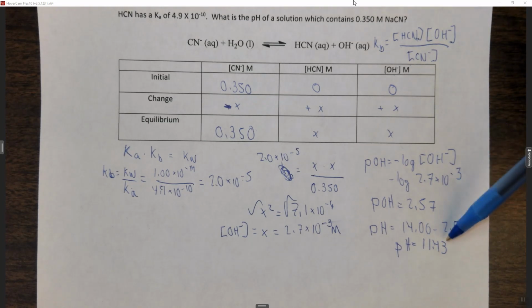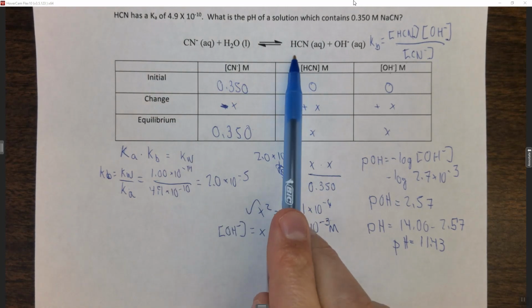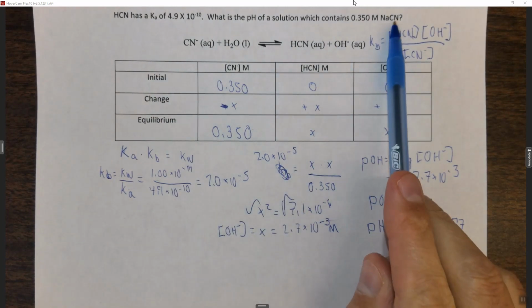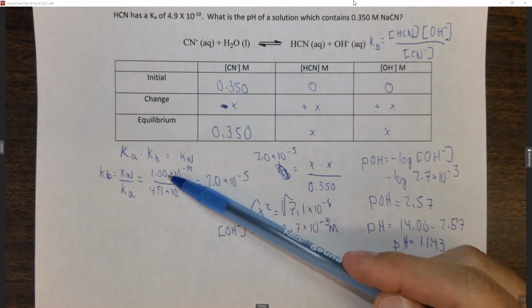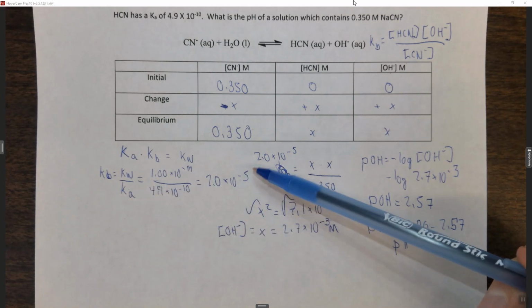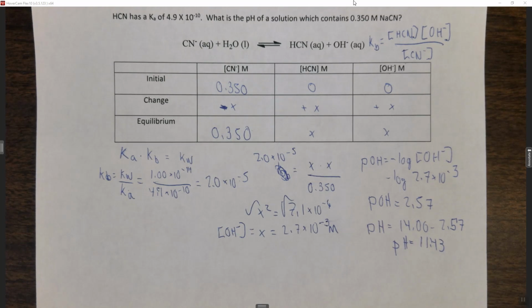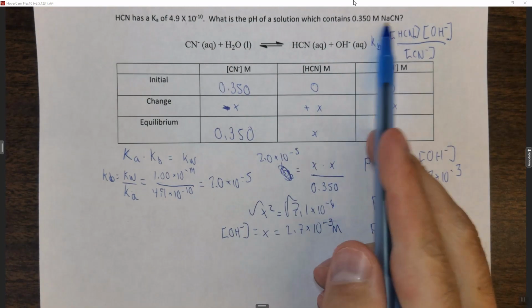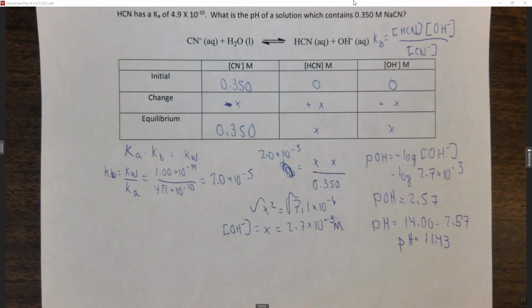The only difference is that we were given the Ka of the weak acid, but we had a conjugate-base solution. So we needed to convert that Ka into a Kb. Once we converted it into a Kb, we could just use it exactly the same as in the previous base example. All right, and the reason we had to do that is because we have an NaCN solution, which is CN minus the conjugate base, not an HCN solution.